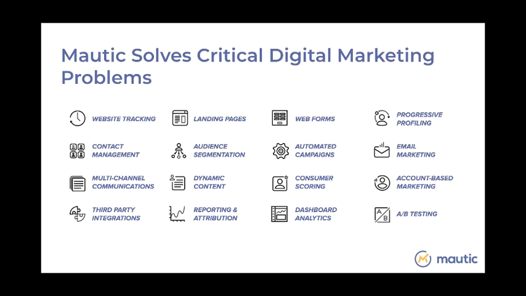So as I was saying, Mautic is an open source email marketing automation software that you can use to capture your leads and to interact with whoever you want to reach out to, as a business or an individual. So you might be wondering how you can use Mautic. One is website tracking, and another is to create landing pages.